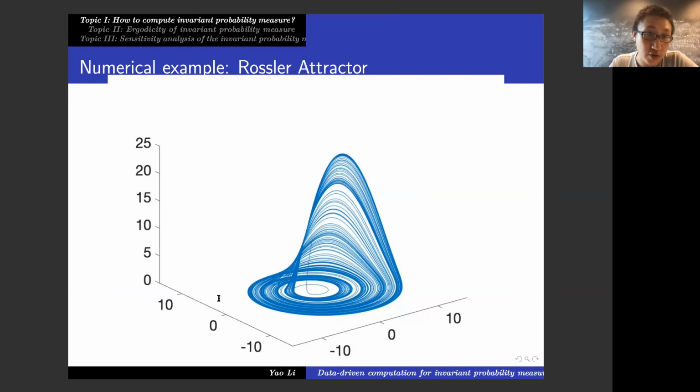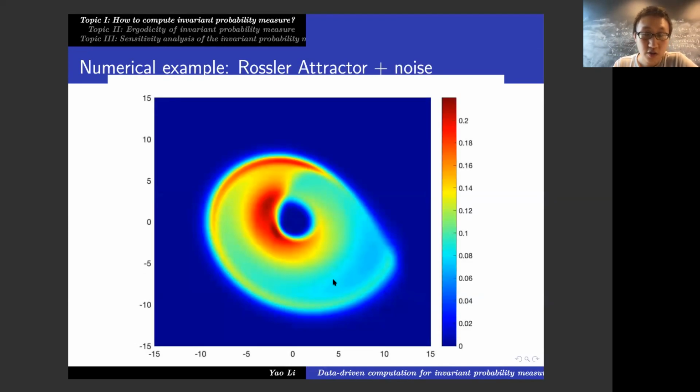Just to give you a very simple example, if you have a Rossler attractor, so you have some chaos, and you add some noise into it, how would the steady state look? The answer is that it looks like this. This is a projection onto the XY plane, because it's hard to visualize a 3D density function.